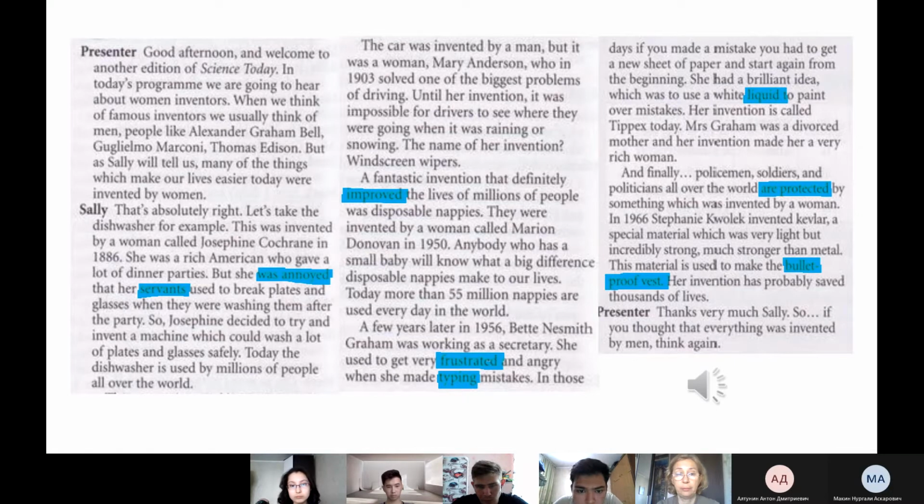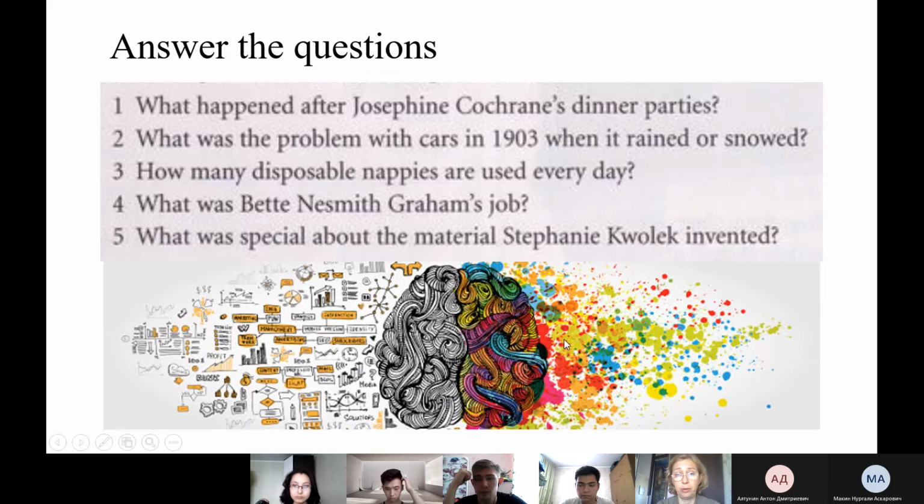In the middle column. Have a look and find this information. So if you scan the text, you should find a number. 55 million? Yes. Are used every day in the world.